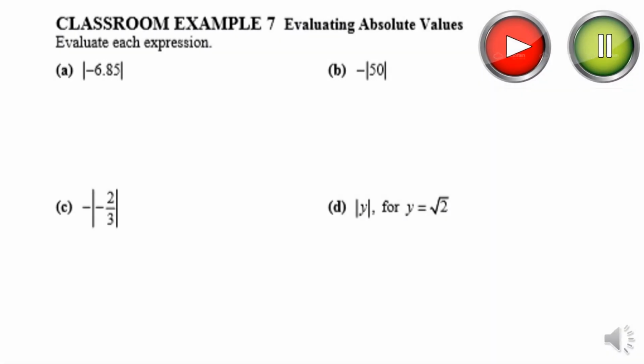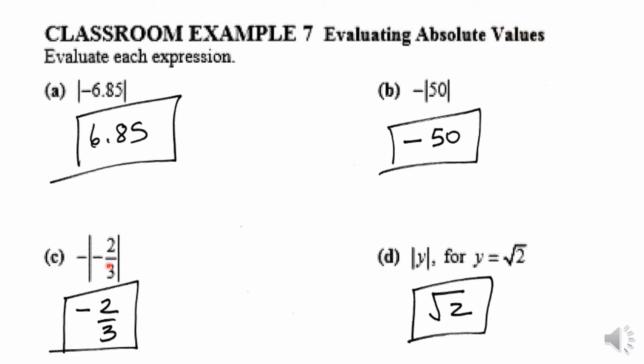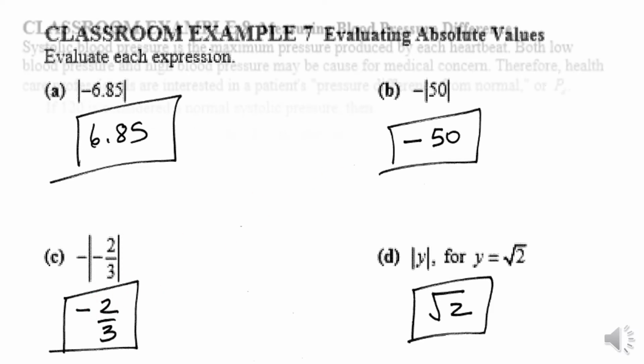Here we're to find the absolute values and evaluate each expression. Note that in both this example and this example, the absolute value is evaluated first, and then we multiply by the minus sign to get the correct answers.